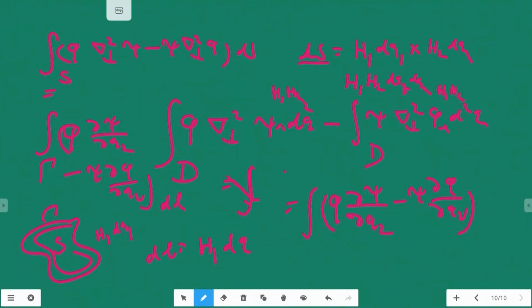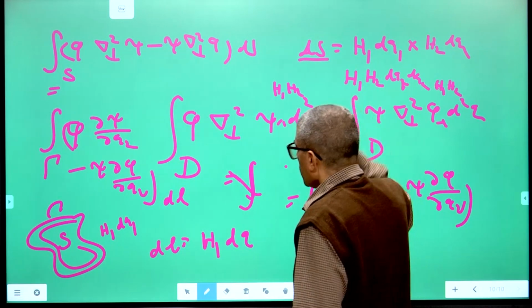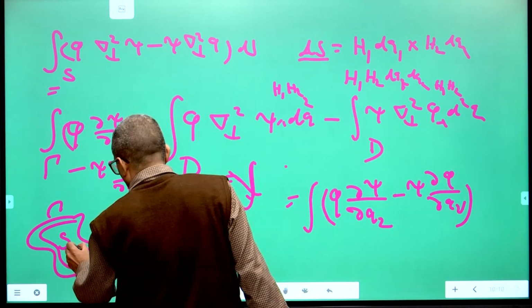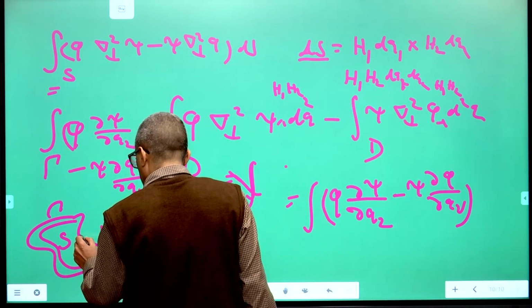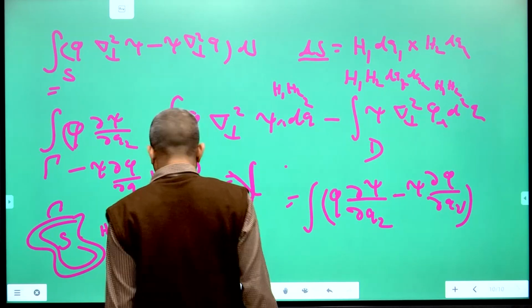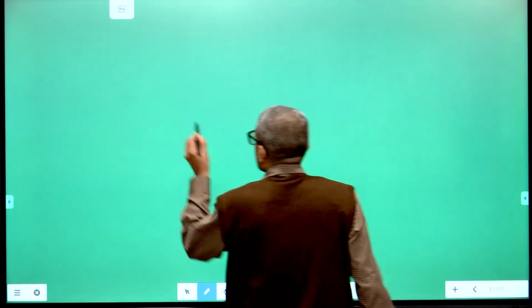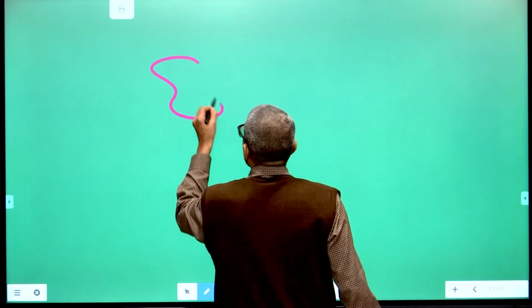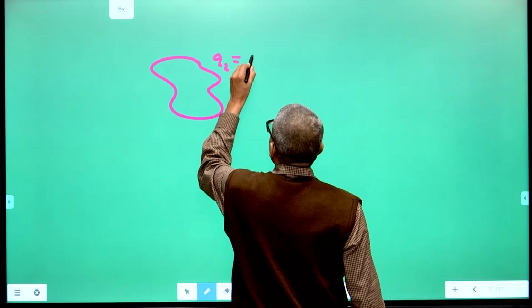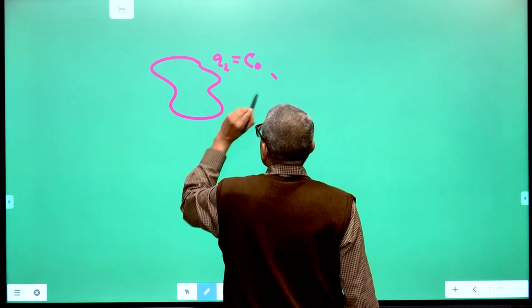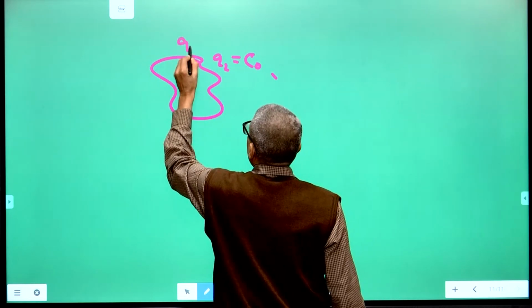So I think I made a mistake. The boundary should be q2 equal to constant, just a small error I have made here. The boundary curve is q2 equal to c0, not q1 equal to c0. So q1 is the tangent to this boundary.